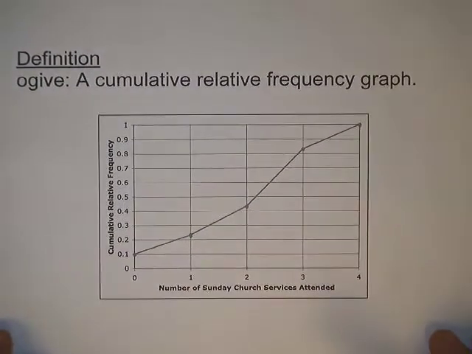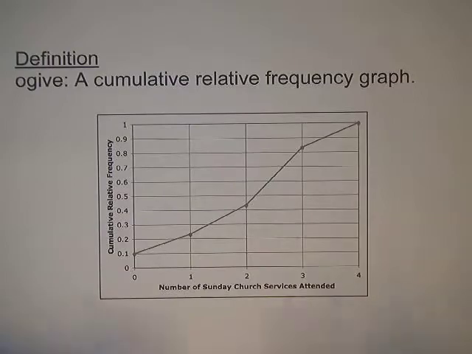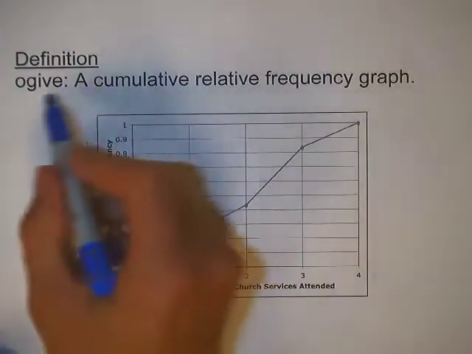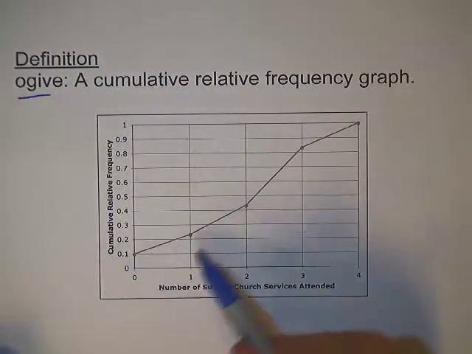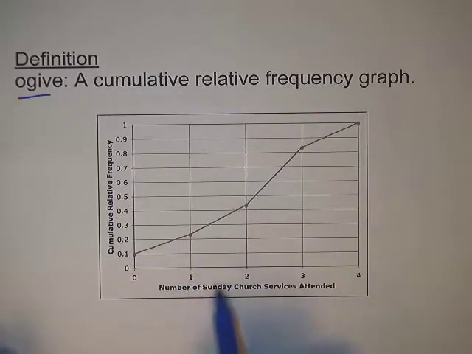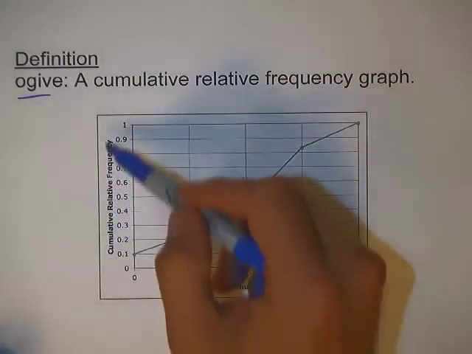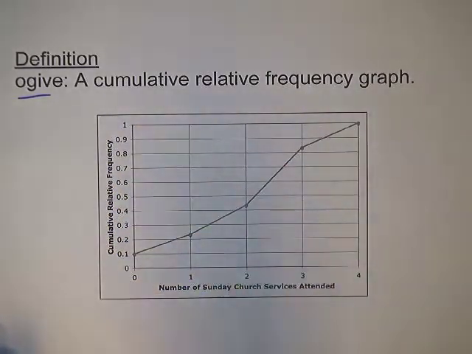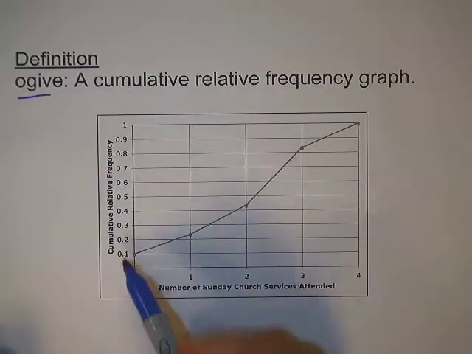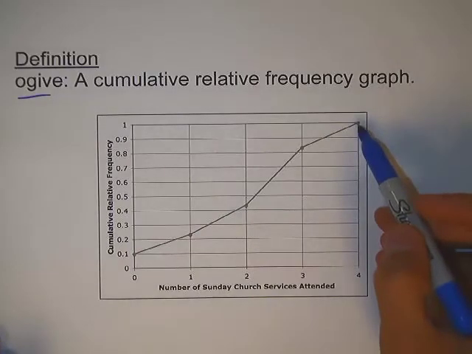Cumulative relative frequency can be displayed on a graph using what's called an ogive. We have our x variable on the x-axis, the number of Sunday church services attended, and then we display cumulative relative frequency here. Your ogive will always start at your first cumulative relative frequency, and it will always end at 1.